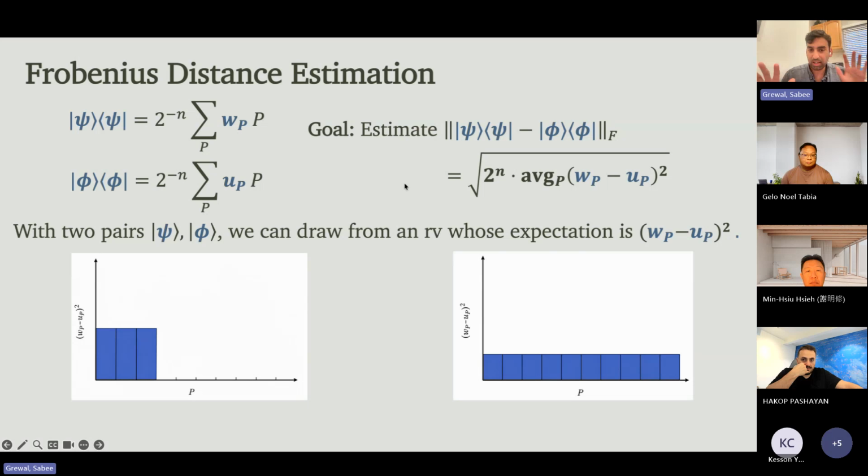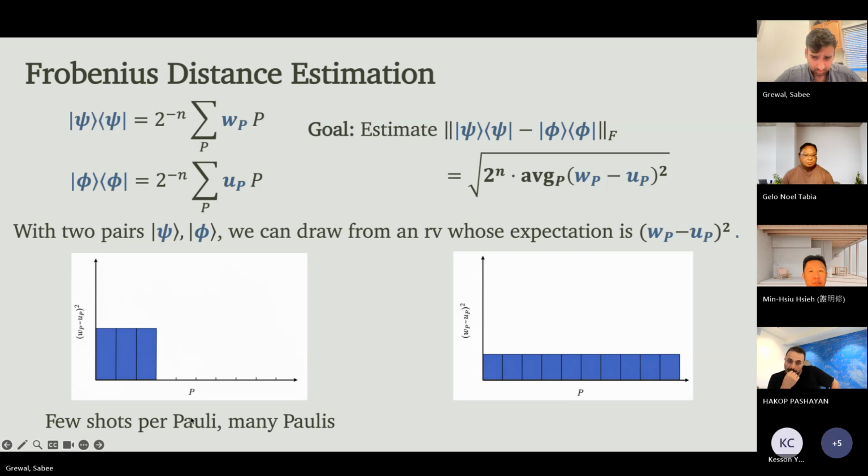And depending on which regime we're in, the way we're going to use our copies of psi and phi needs to change. So in particular, on the left-hand side, what we want is to sample many, many Paulis and only use a few copies per Pauli.